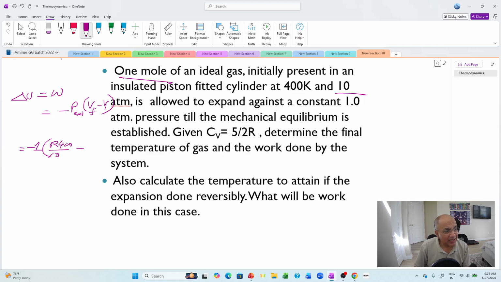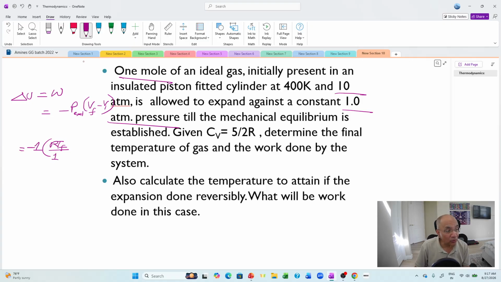Minus the initial, the final temperature we have to find out. I'm so sorry. RT2 or TF we have to find out. But the volume was at 1 atmosphere. This is the final expansion, so this is 1.